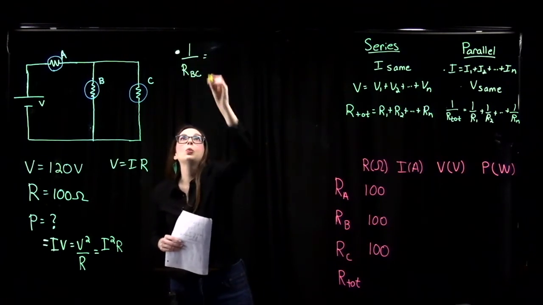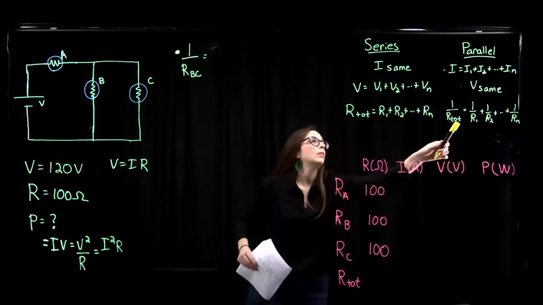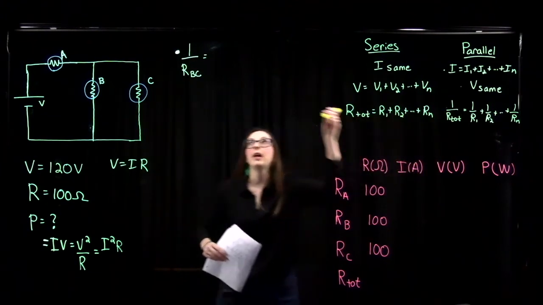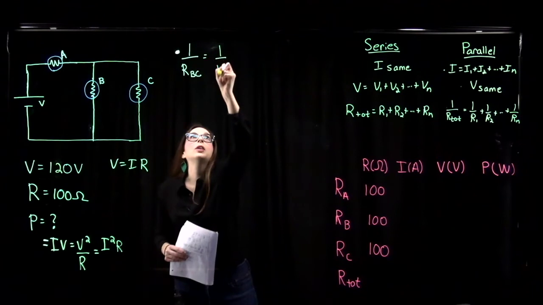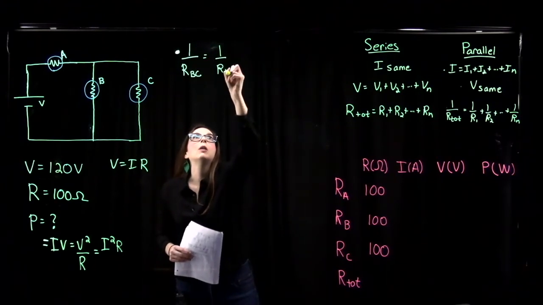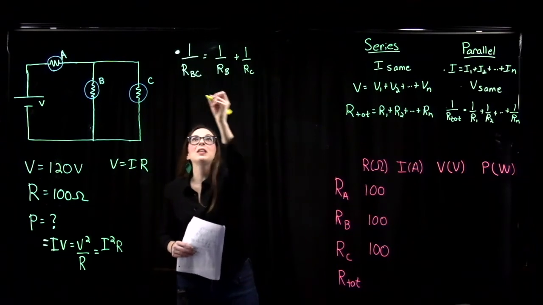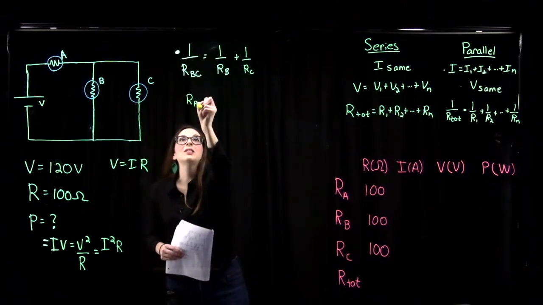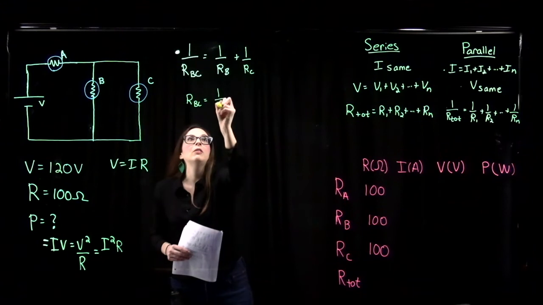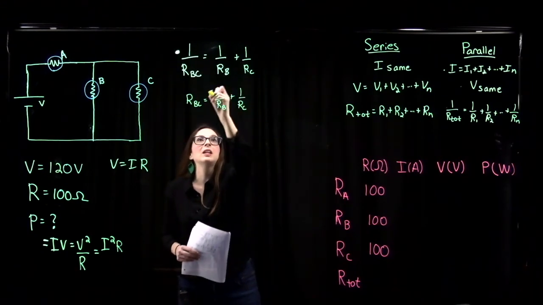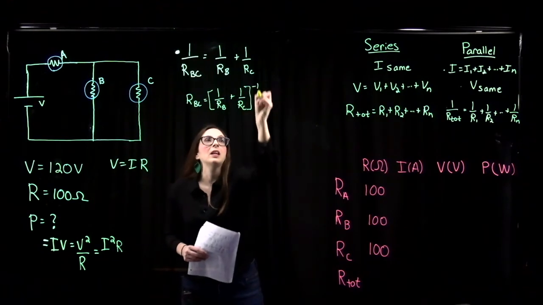RBC. So 1 over RBC, using our rules for our resistors in parallel, has to equal 1 over RB plus 1 over RC. So RBC is equal to (1 over RB plus 1 over RC) all to the minus 1. That's the inverse.